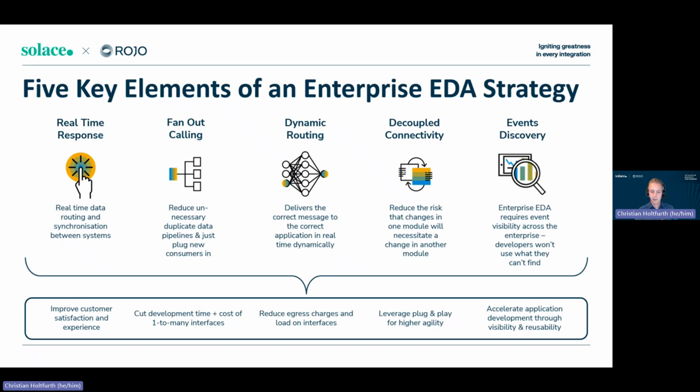Publishers and subscribers don't need to know each other, and they can be more easily moved and changed without affecting each other. That adds more agility in making changes in your IT systems. And there are some operational aspects that Ankit will talk about as well, like improved robustness and resilience. We'll dive a little bit into that in a moment.